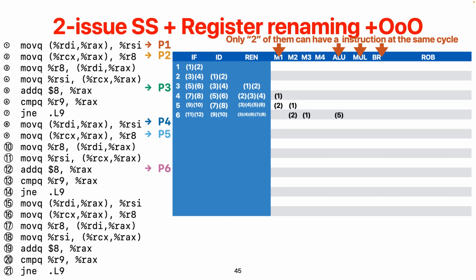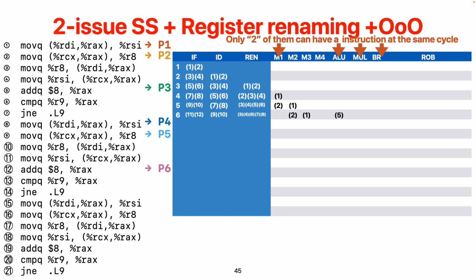So now, how about the next cycle? I have 7 and 8 in addition to 3, 4, 6. Who can I put into execution? 6. Who else? Only 6? 7?